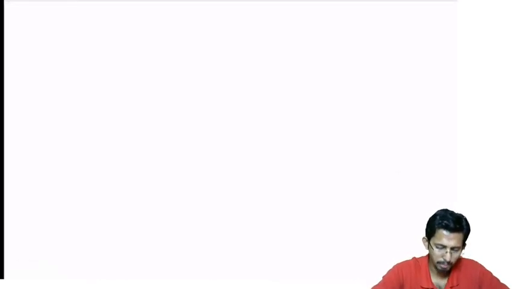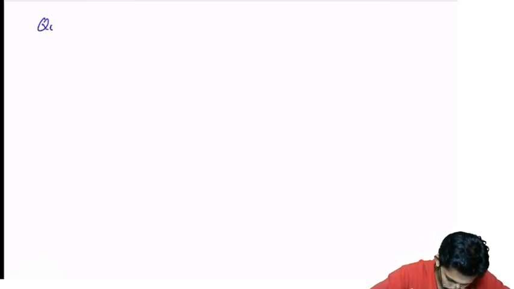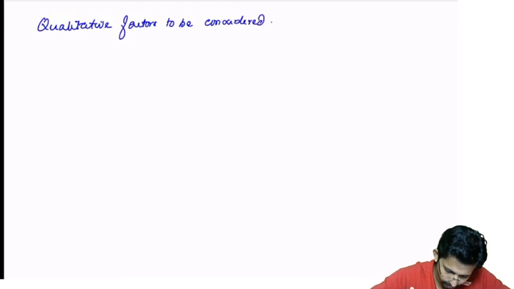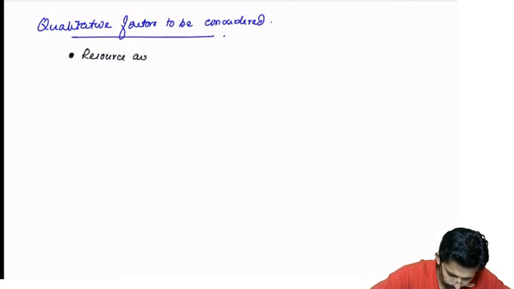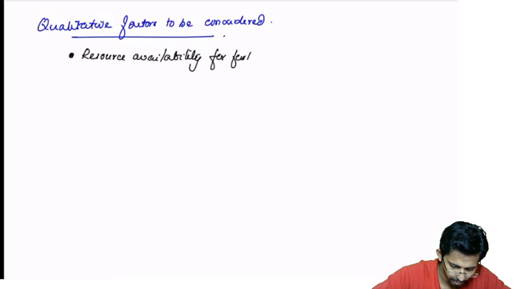Okay, so you have to consider some qualitative factors also. What all things will be the qualitative factors? Qualitative factors to be considered. Okay. 1. Resource availability for further manufacture.